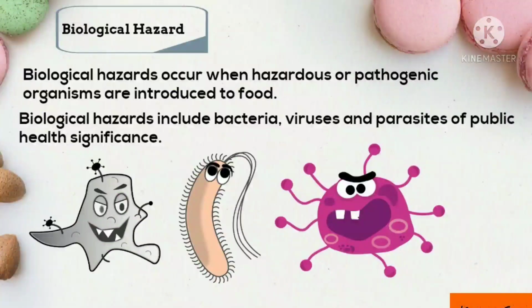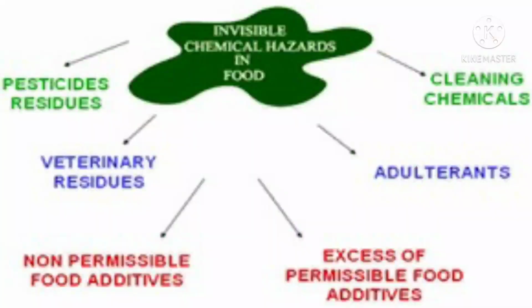In microbial hazards, the examples are bacteria, yeast, molds and viruses. Examples of chemical hazards are water, food contact materials, cleaning agents, pest control substances, contaminants, pesticides, biocides and food additives.